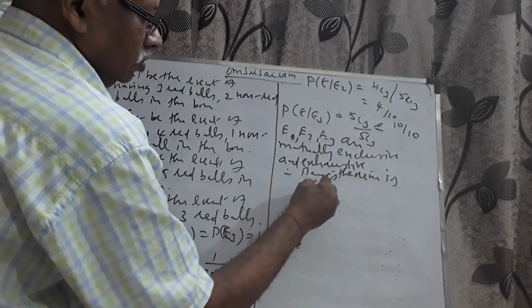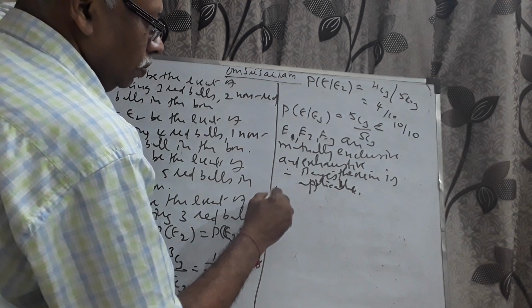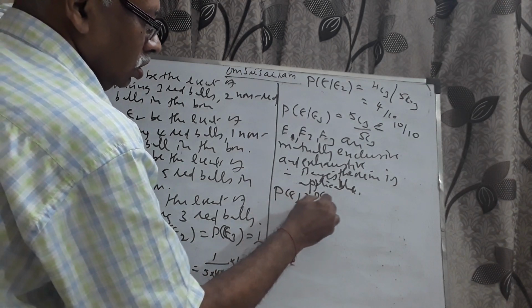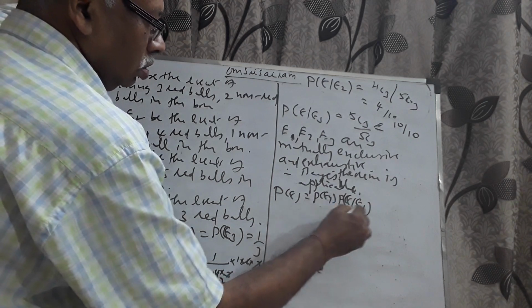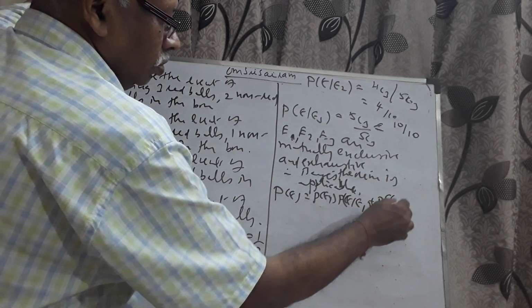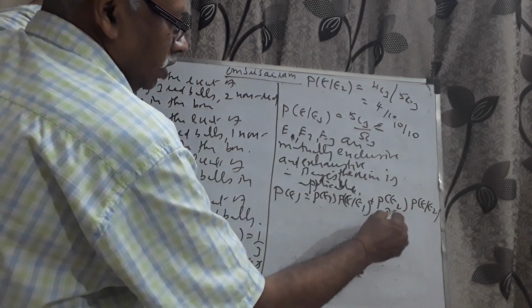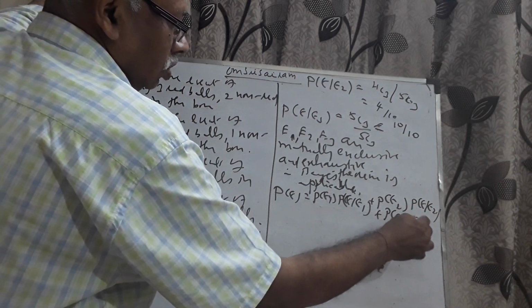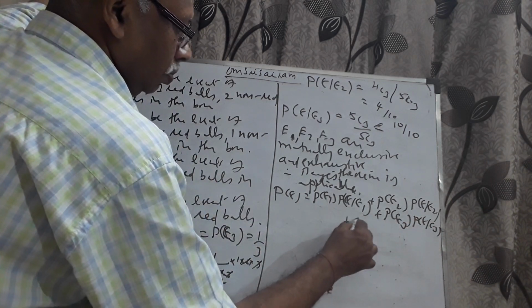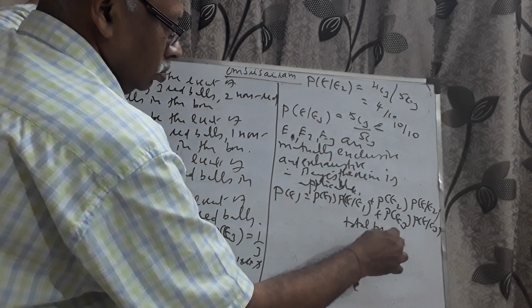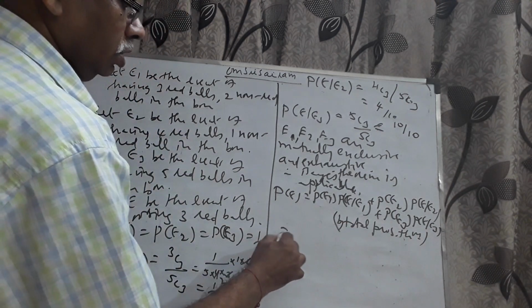Now P of E is equal to P of E1 into P of E given E1 plus P of E2 into P of E given E2 plus P of E3 into P of E given E3. This result is called the total probability theorem.